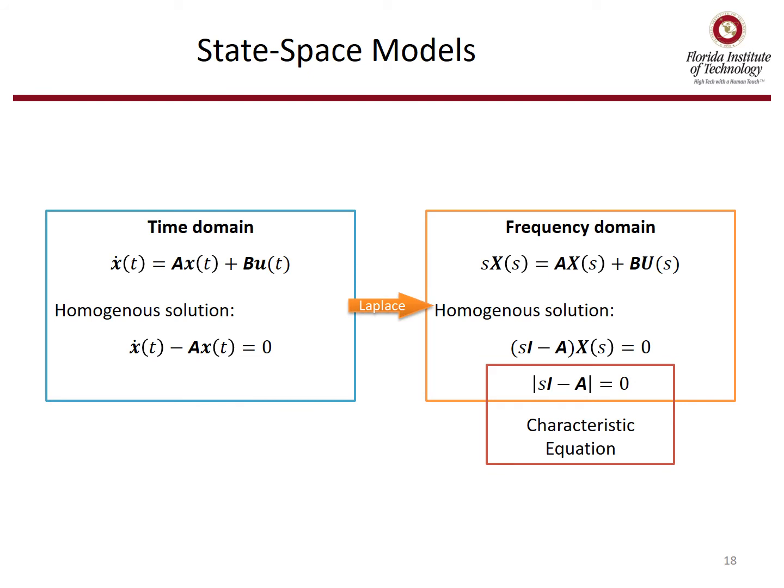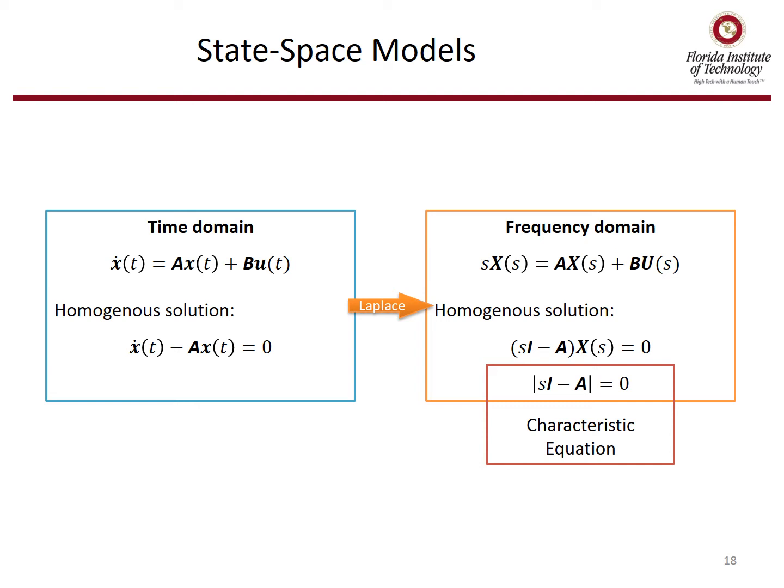Airplanes are in general multi-input, multi-output systems. And the best way to model a multi-input, multi-output system is using a state space model. In the time domain, a state space model has a state vector x, and the derivative of that state vector, x dot, is a matrix A times the state vector plus a matrix B times an input vector u, which can have multiple inputs.